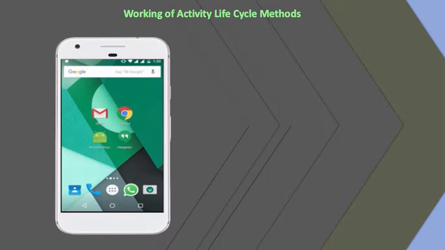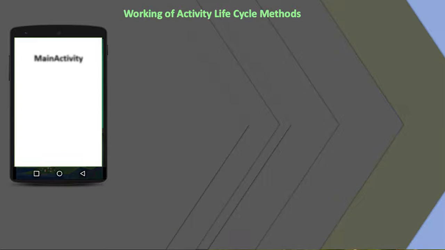Now let us check out the activity lifecycle methods working inside the activity when we launch an application. This is the home screen, or the launcher activity. When the user taps on the icon of this application, it initiates the creation of the activity, that is MainActivity.java in our case.